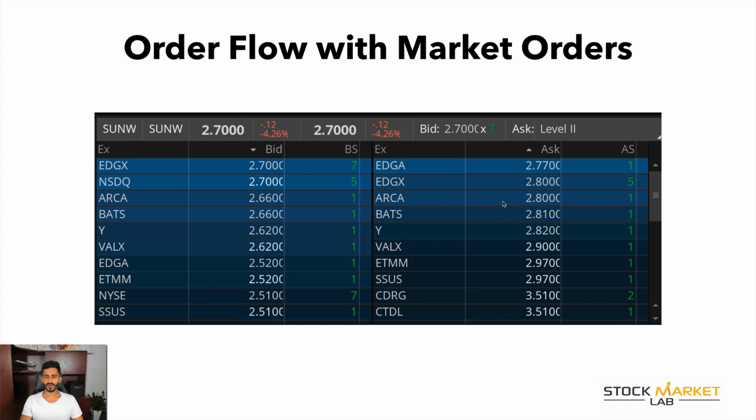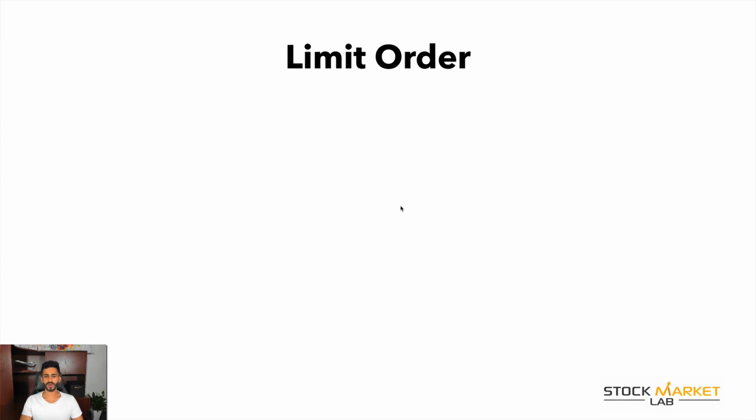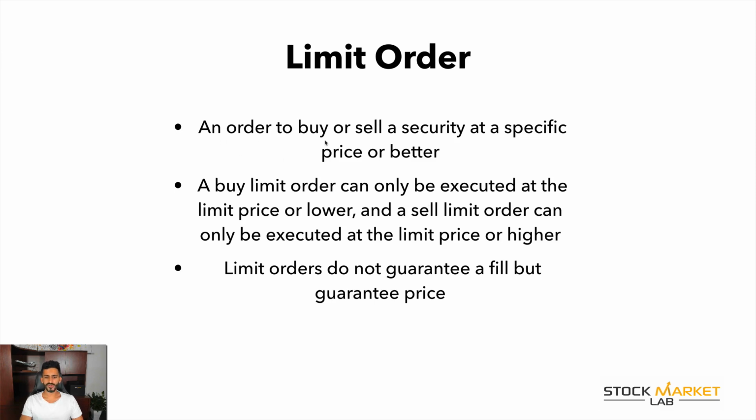Now, the next order is something called a limit order. A limit order is an order to buy or sell a security at a specified price or better, right? So if you want an exact price or better, you use something called a limit order. A buy limit order can only be executed at the limit price or lower, and a sell limit order can only be executed at the limit price or higher.